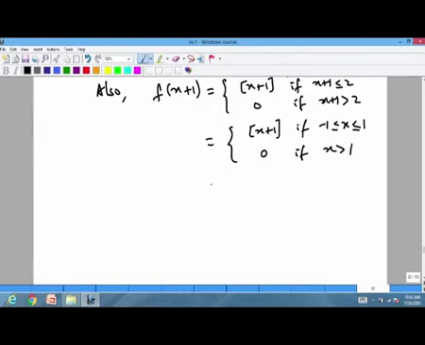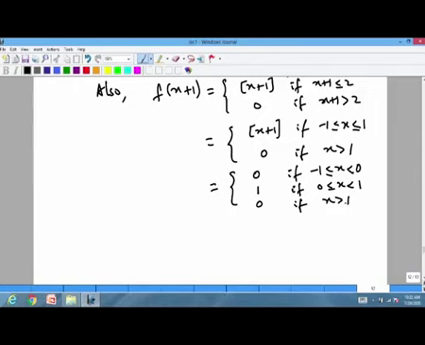Now, again this greatest integer of x plus 1 will be equal to 0 if x is less than 0 and greater than or equal to minus 1. And if x is greater than or equal to 0 and less than 1, then x plus 1 is greater than or equal to 1 and less than 2. So, the greatest integer will be 1, and this is equal to 0 if x is bigger than 1.